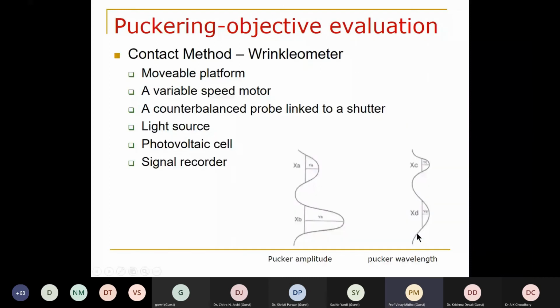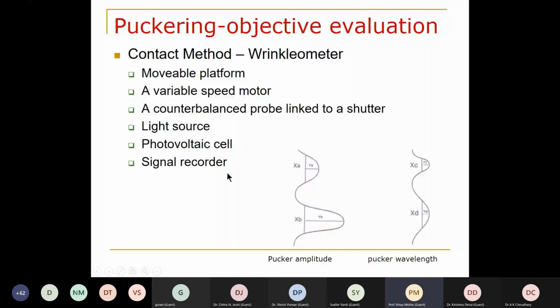But for objective evaluation, we have other methods, which include the wrinklometer, which is specifically designed for measuring the wrinkles on the fabric. The same instrument can be used for evaluating puckering also. It has a moving platform and a variable speed motor and a counterbalanced probe linked to a shutter. There is a light source also, and a photovoltaic cell and a signal recorder.